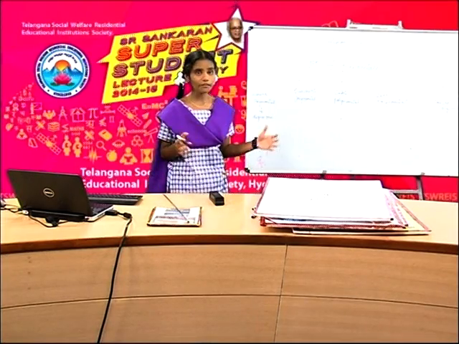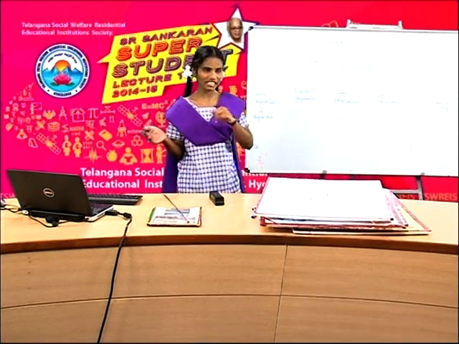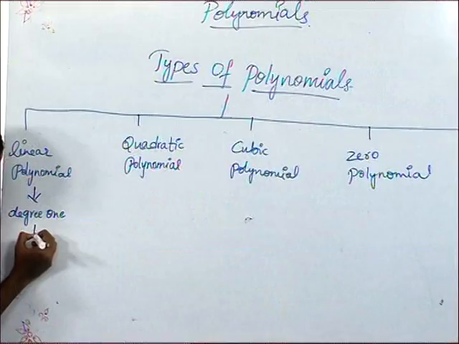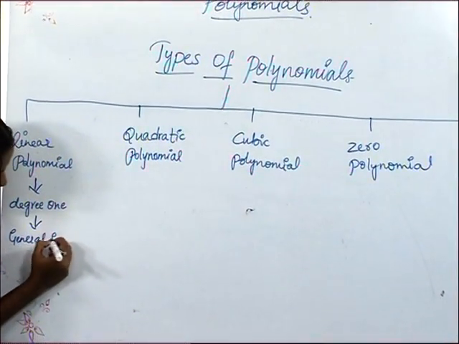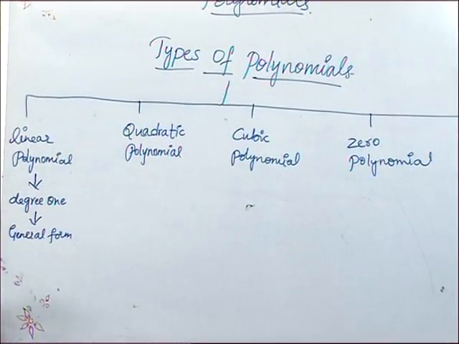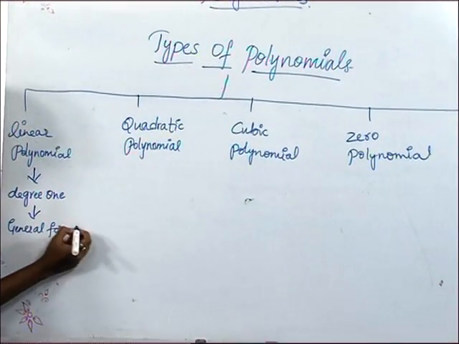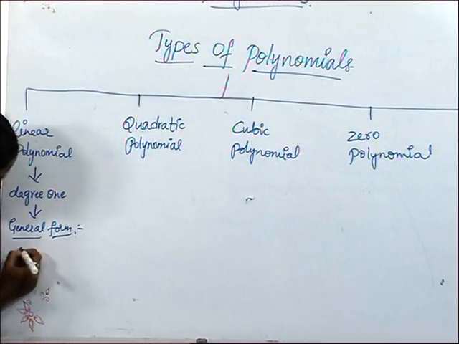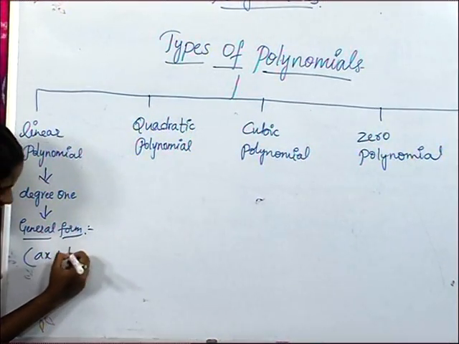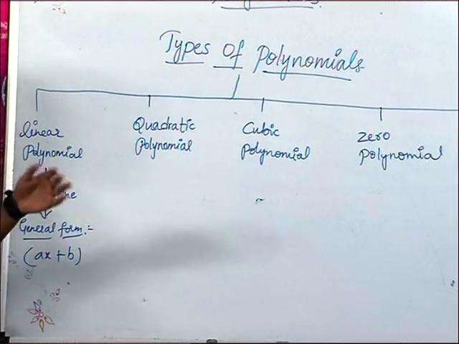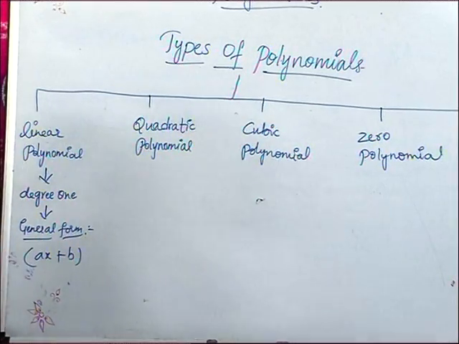The general form of a linear polynomial is ax plus b.